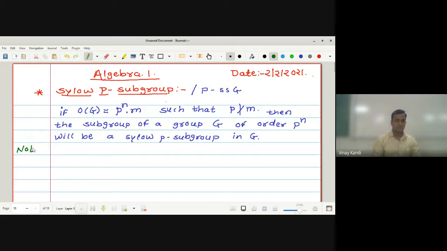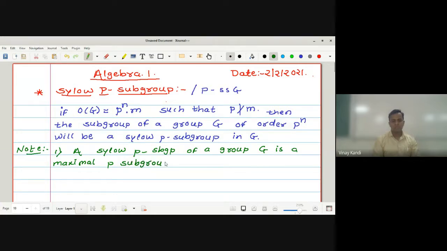So one note is there. Note one. What is the first note? A Sylow P subgroup of a group G is a maximal P subgroup of G. What it means?